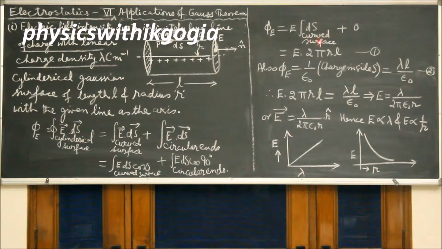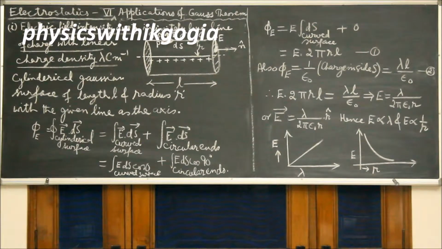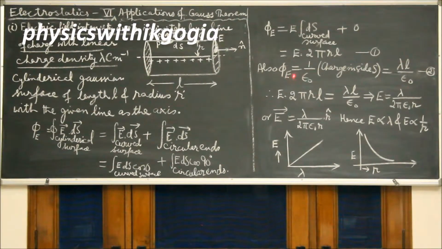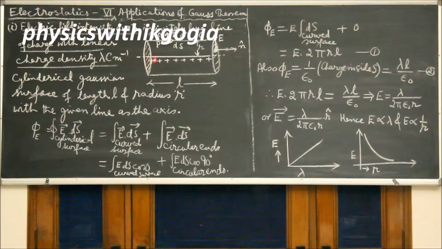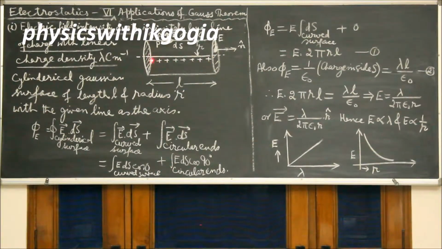The total area of the curved surface is 2 pi RL. So the flux phi E is E into 2 pi RL. Let's write this as expression 1. Now if you apply Gauss theorem to this cylindrical Gaussian surface, we get flux is equal to 1 over epsilon naught times the charge inside S. This is the charge inside S over a length L with lambda coulomb per unit length.